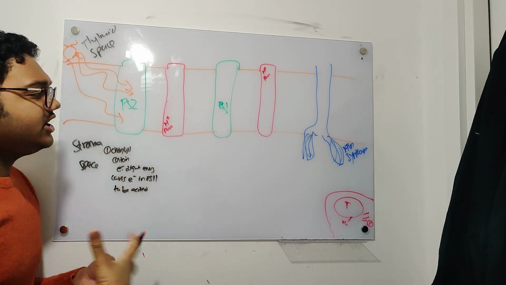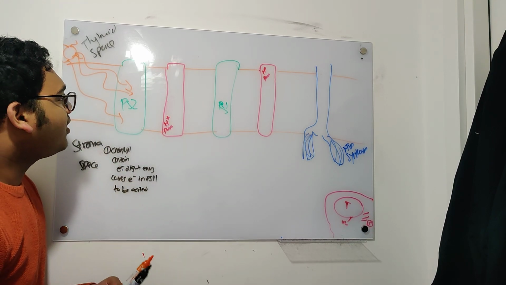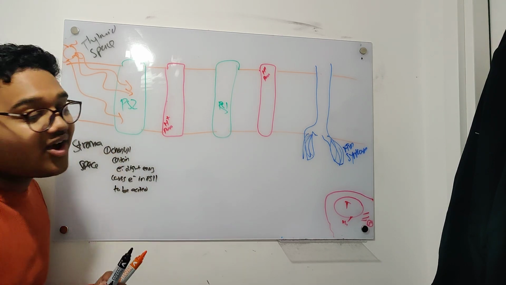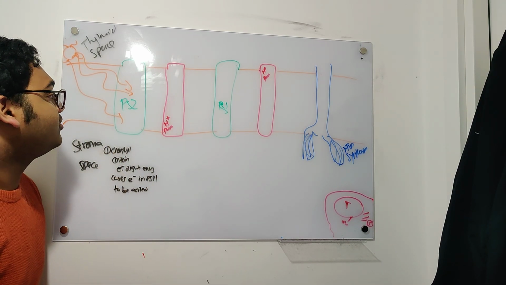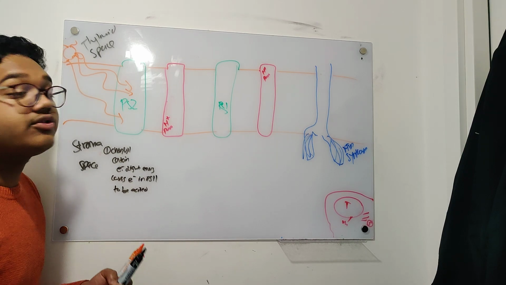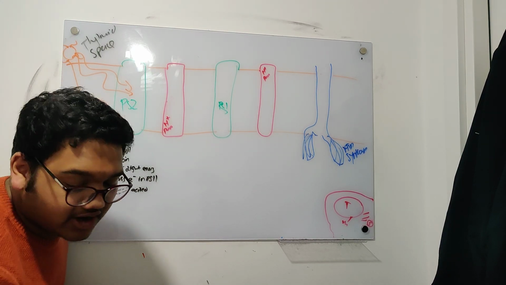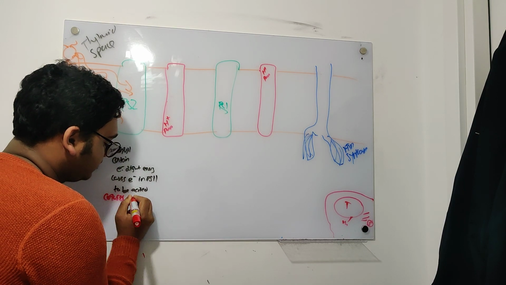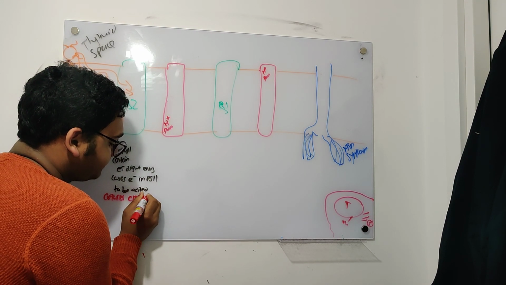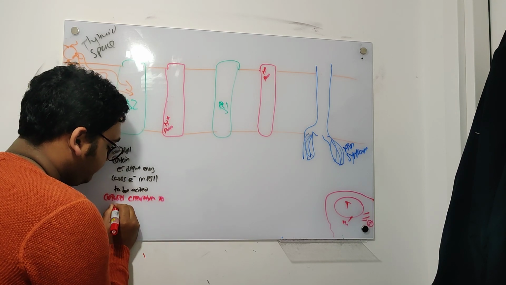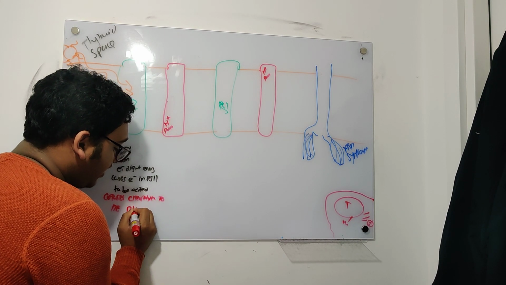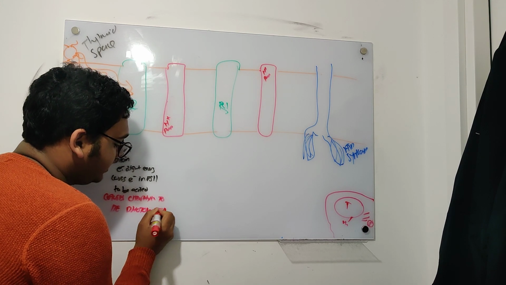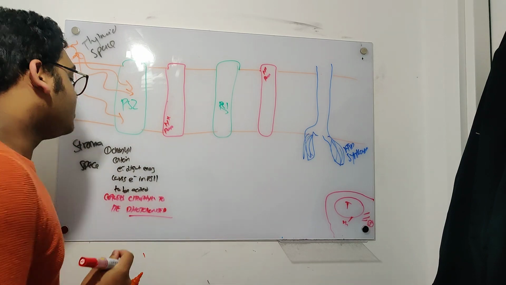Now, this energy is so high that it causes an electron to actually fling off from the chlorophyll molecule. And that part is called photoionization. So I'm going to write that down in red. Causes chlorophyll to be photoionized. That's a key term that you kind of need to know.